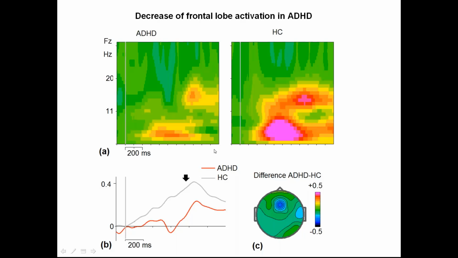X-axis is time after the relevant stimulus, and y-axis is the frequency, and color depicts how much the frequency changed in response to the baseline. The pink color is a high level of increase, the yellow color is a lower level of increase, and on the left is the group grand average for ADHD, and on the right is healthy control.